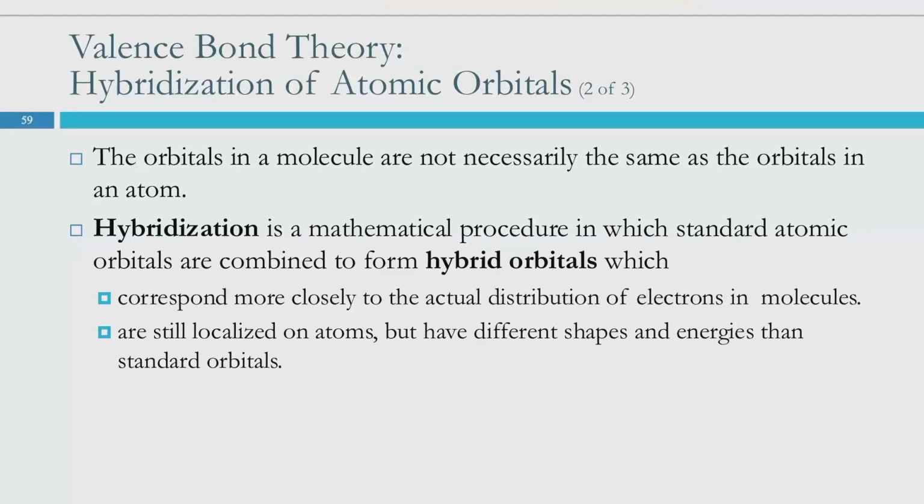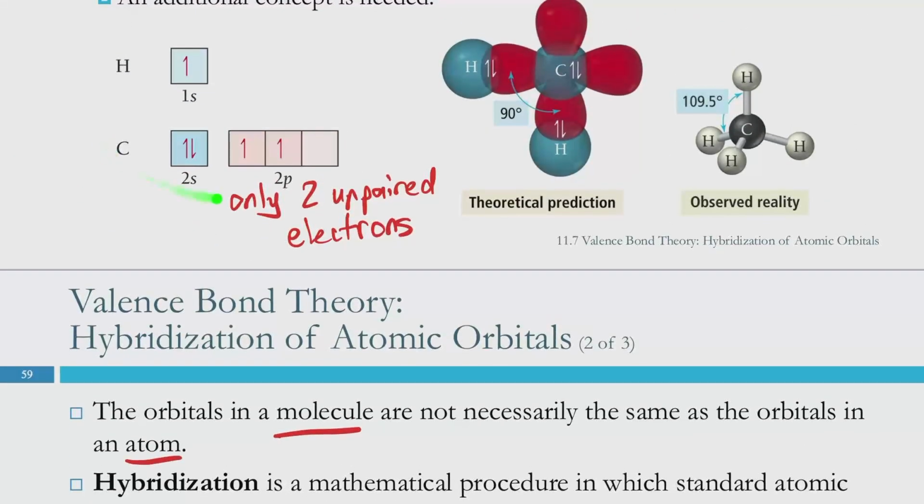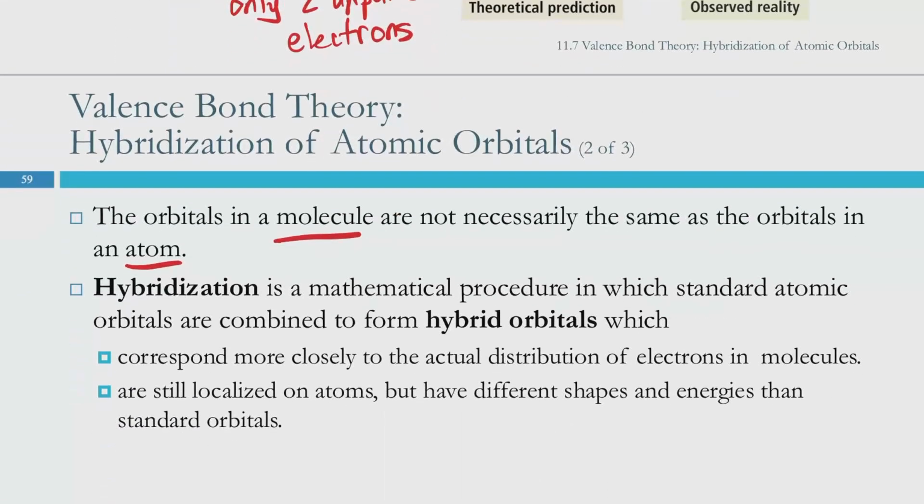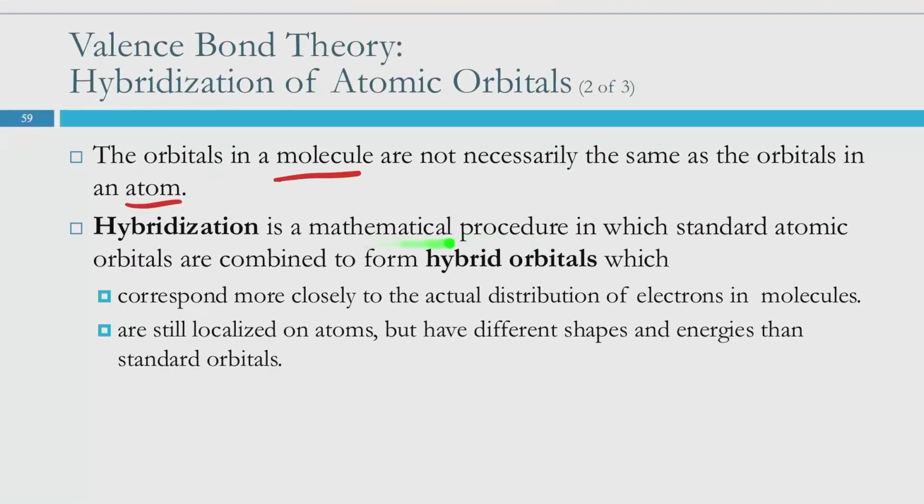So the orbitals in a molecule are not necessarily the same as the orbitals in the atom. So remember, in a molecule we're bonding together, the atom is just the thing by itself. So our carbon before, when it's just by itself, this is its orbital diagram. When it gets into a bonding situation, things change. We get hybridization. So hybridization is a mathematical procedure where we combine our standard atomic orbitals.